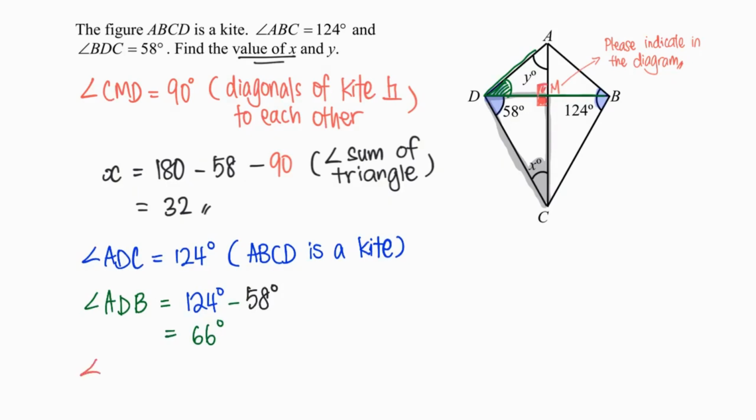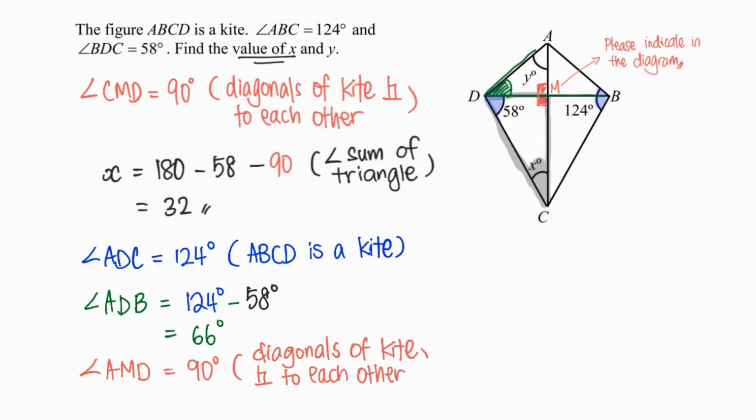And of course this is also a 90 degrees, so angle AMD is equal to 90 degrees, diagonals of kite perpendicular to each other. And finally, I will be able to get my y.